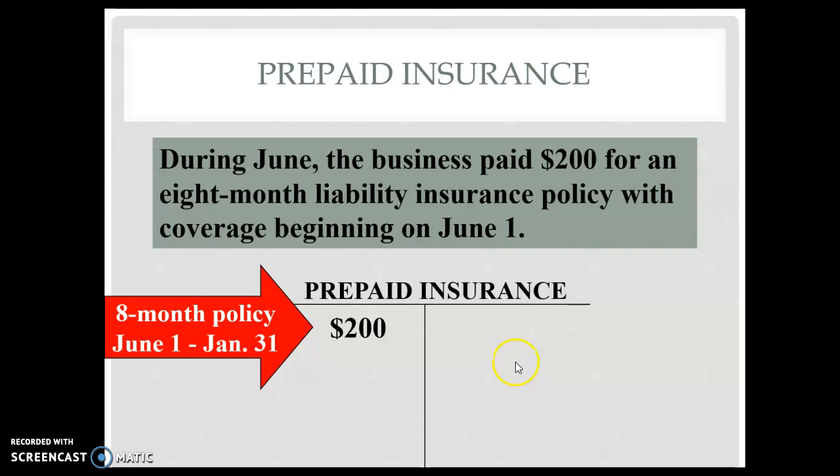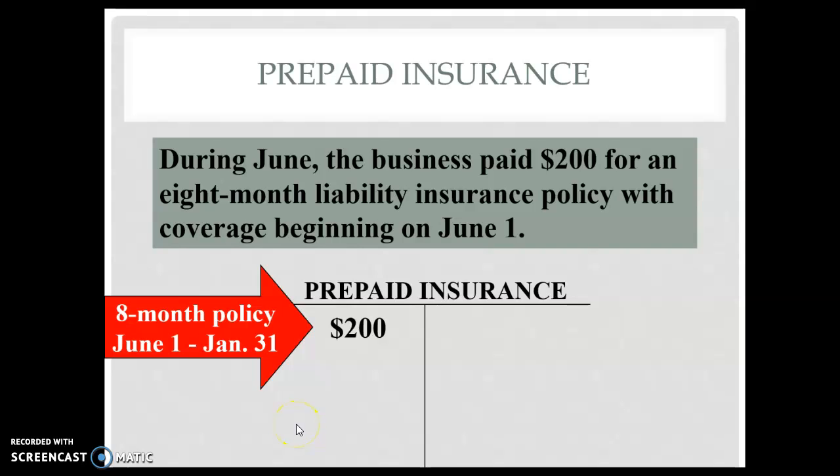Now, this policy is going to cover us for 8 months for liabilities. If a customer gets hurt or something and they sue us, this liability insurance is going to pay them so that we don't have to pay thousands of dollars. So most businesses have a liability insurance policy to cover themselves.